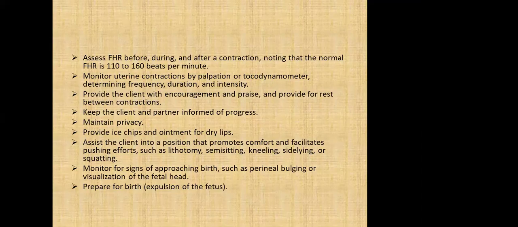If you have someone who is contracting every 1 minute or 60 seconds, know that that is hyperuterine activity, which is not a good sign. And so you need to report, okay?